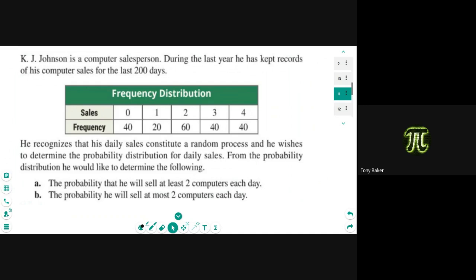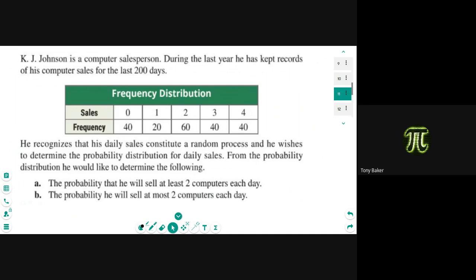Is this a discrete distribution? Yes, because obviously you can't sell 1.5 computers. What's the most computers he's ever sold in a day? 4. So that was 0 through 4.